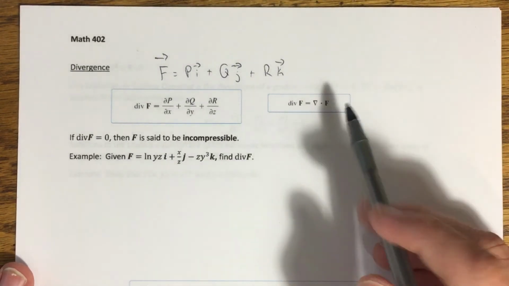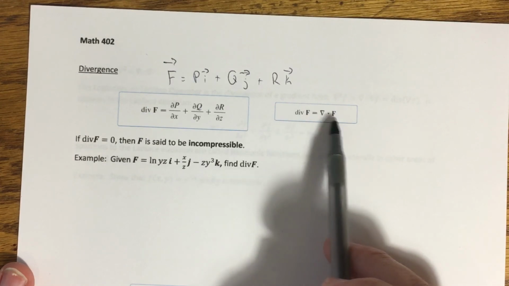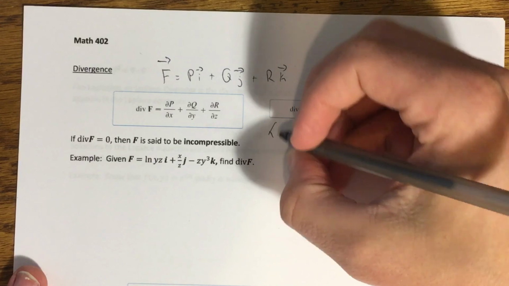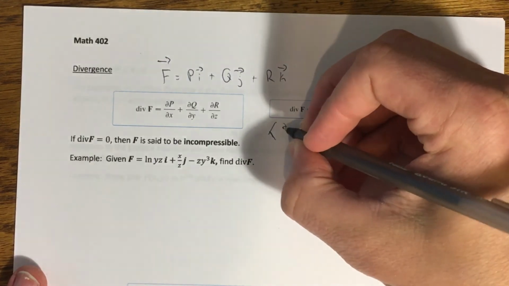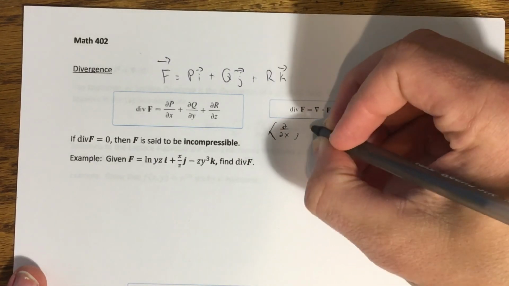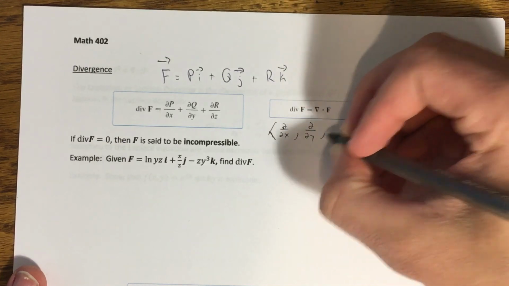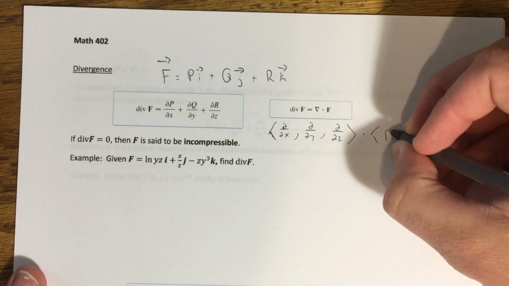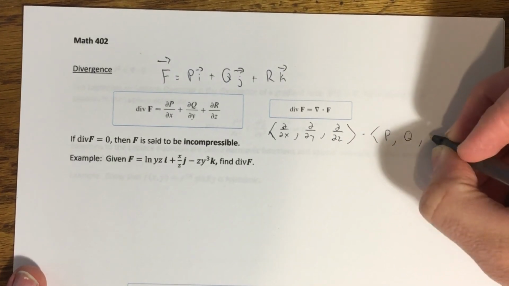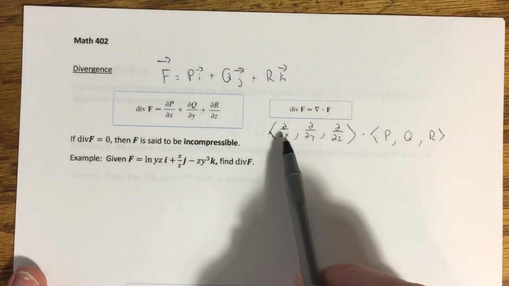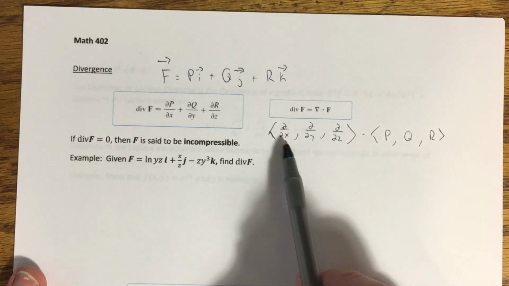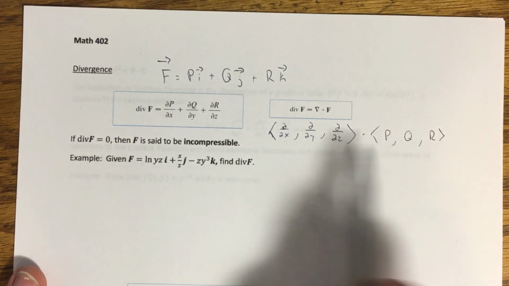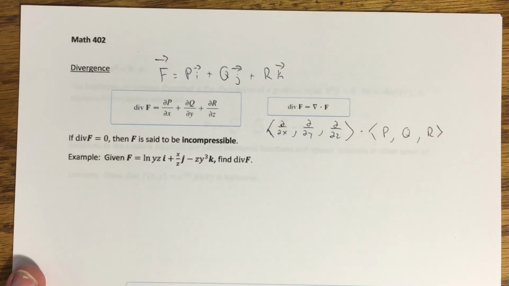If you notice, that is the dot product of our del operator with F. Here's our del operator: partial with respect to x, partial with respect to y, partial with respect to z. If we dot that with the vector P, Q, R, you're going to get the partial derivative of P with respect to x, Q with respect to y, R with respect to z, and the dot product will sum those things. That's exactly what we have here.